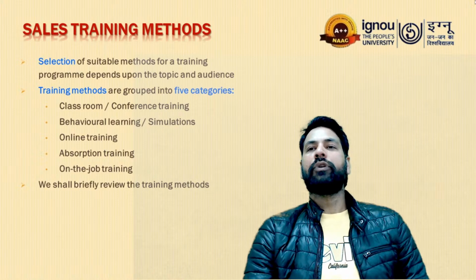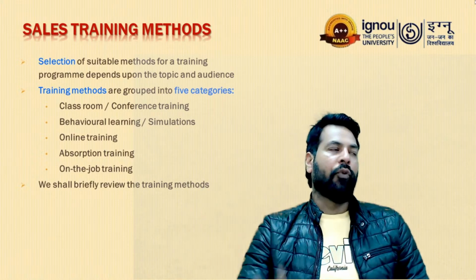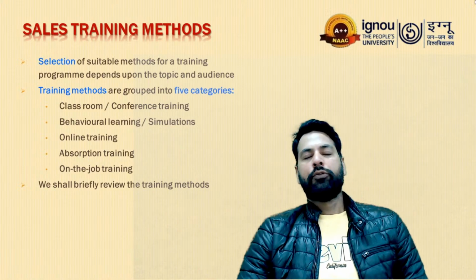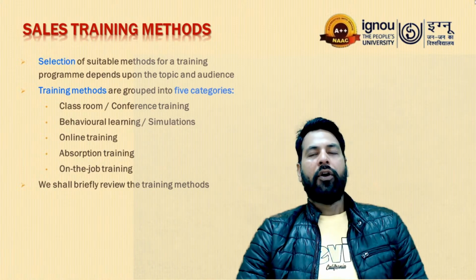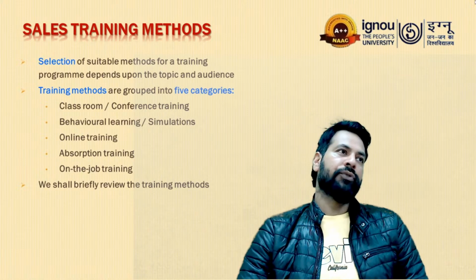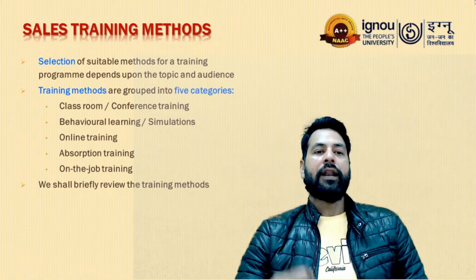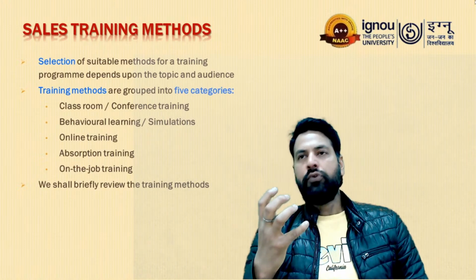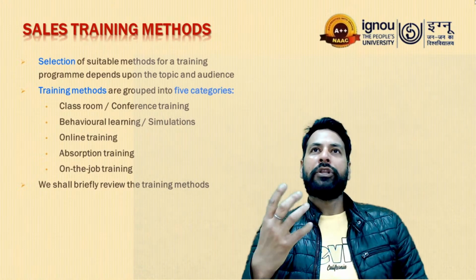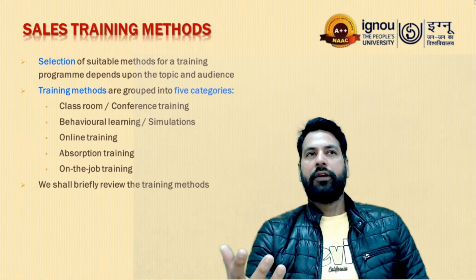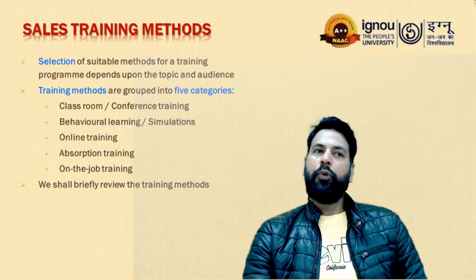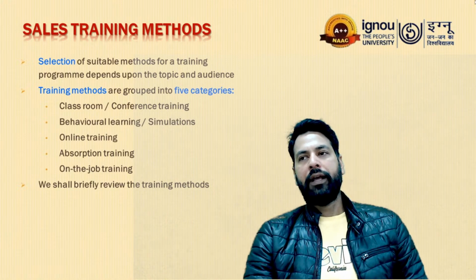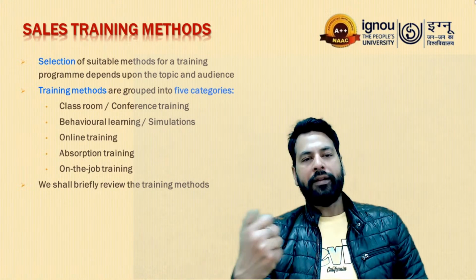Now the second is simulation. Simulation means you create an environment. Let's say you ask somebody to be the client and somebody to be the salesperson and try to sell it. Online training, like the way what we are doing, virtual training. Absorption training, where you have to do the things which you have been told in the theoretical class. So once you learn in theory class, then you do that in your practical class.